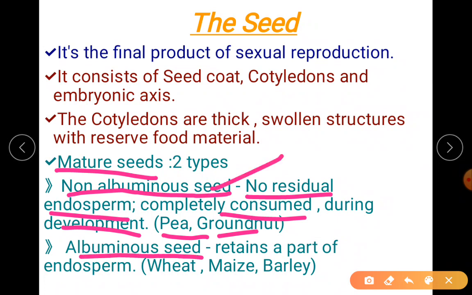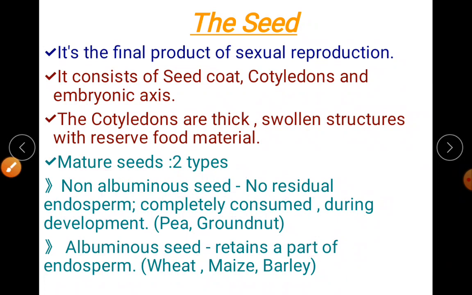So one is non-albuminous, that means endosperm is completely absent or completely used. That's why it is empty over there. In case of albuminous seed, the endosperm is retained inside the mature seed. So which are the examples? Wheat, maize, barley are your examples.